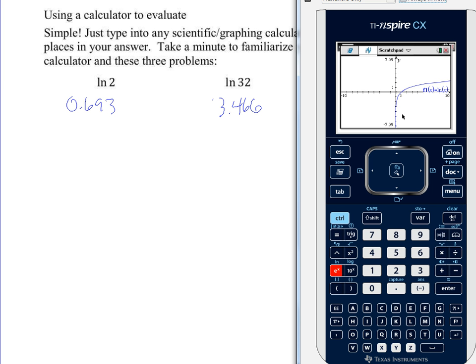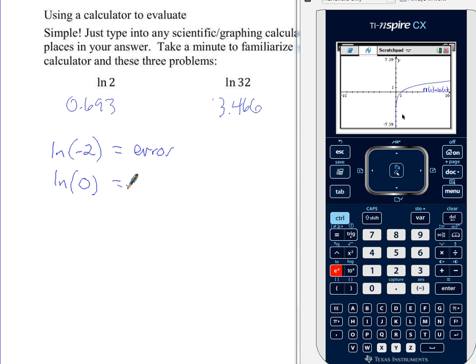So let's do a couple more. What's the natural log of negative 2? You can't, but type it into your calculator and see what it gives you. Yeah, so undefined on that one. Error. How about natural log of 0? Undefined.